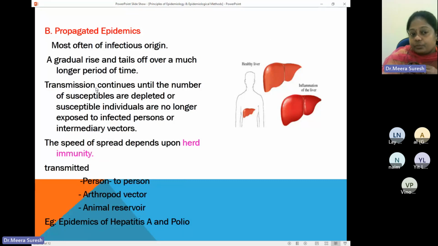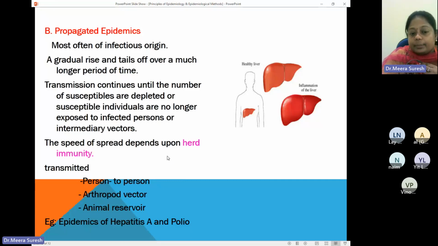So the transmission in case of propagated epidemic can happen until the susceptibles are depleted, like all are getting diseased and either dying or getting cured and thereby developing immunity, or susceptible individuals are no longer exposed to infected persons or intermediary vectors. The transmission is closed either by isolation, separation, quarantine or whatever.